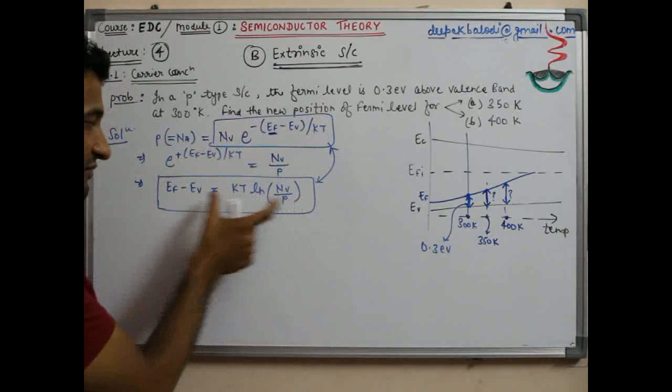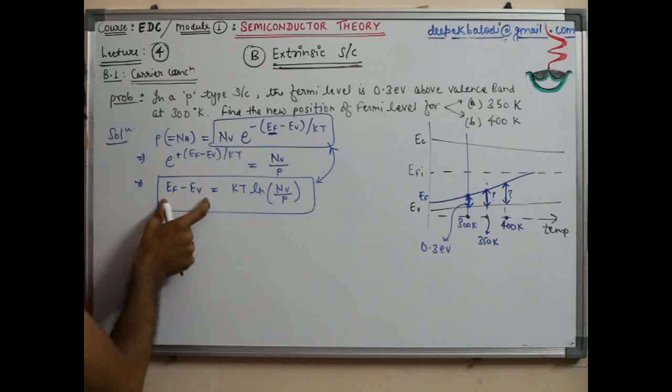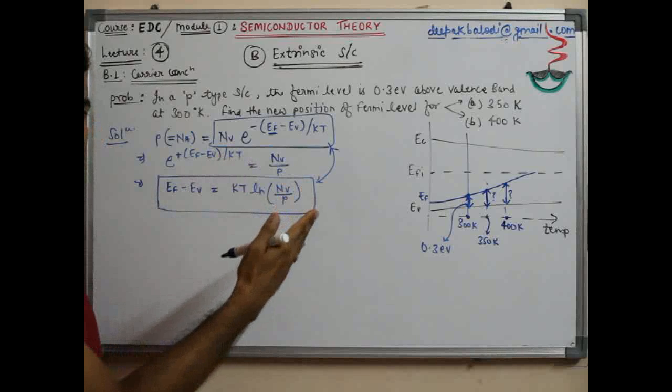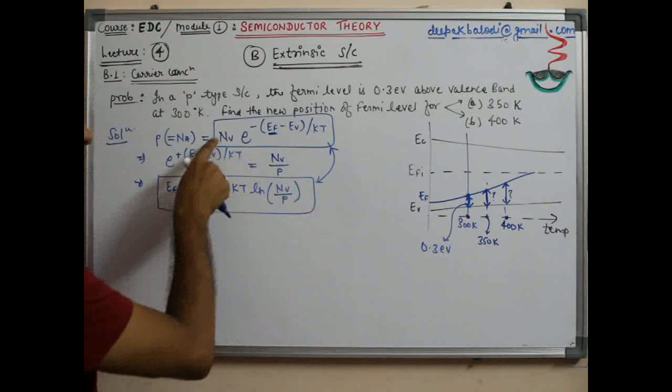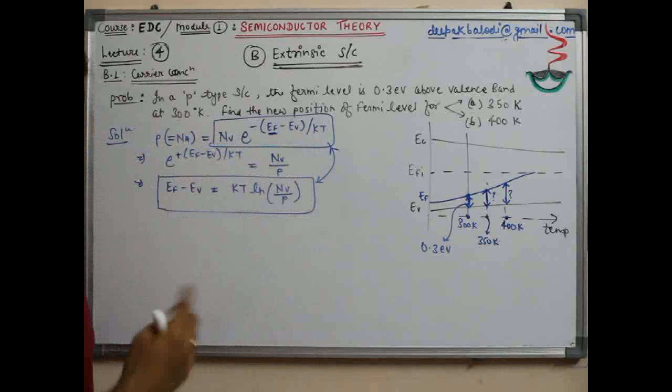Once this side is given and we need to calculate any shift in the Fermi level, we can use this. And if the Fermi level position, EF or EV, is given and we have to calculate the concentration, then we can use the other form. Both forms are equivalent.